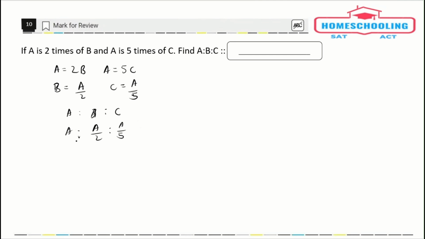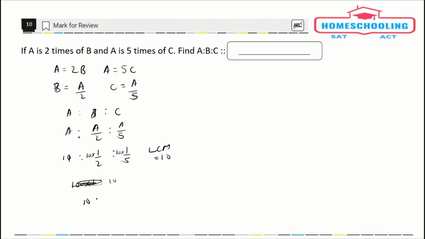We can take A out, so this would be left as 1, 1 by 2 and 1 by 5. So now using the LCM method, LCM is 10, so we will multiply them by 10. So 10 divided by 10 into 1, 10, this one 10, and this one will also be 10.